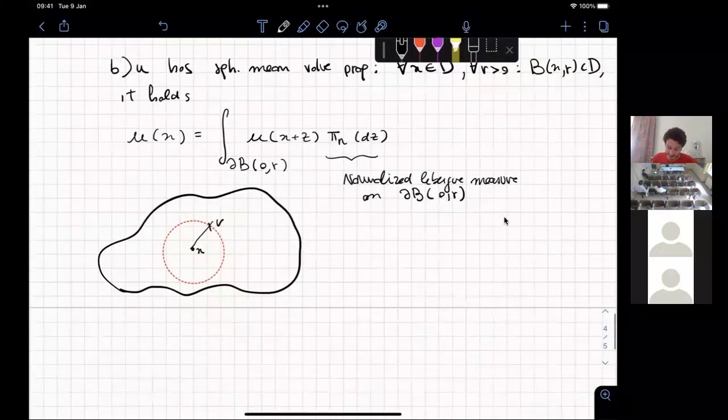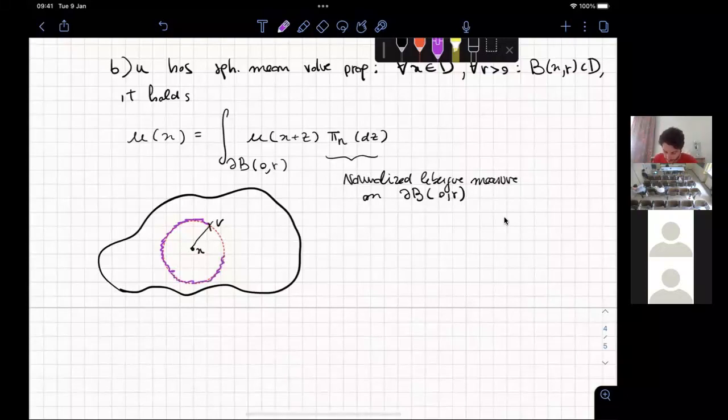Okay, so you have this ball, and taking the value of U in x can be computed just saying, okay, let's do a mean of the value of U, but around the border of this ball. So you take these values here, just think of it in a discrete way, sum all of them, and then normalize by how many they are.